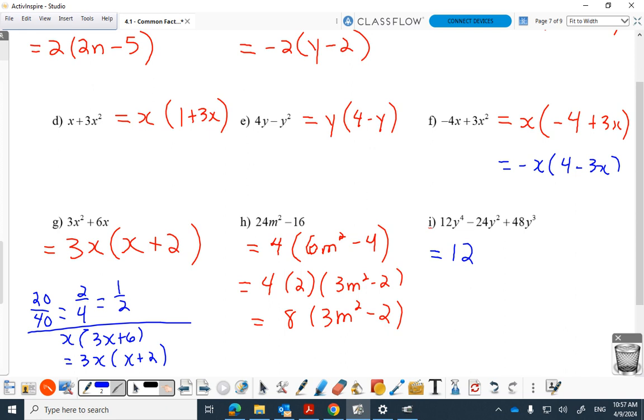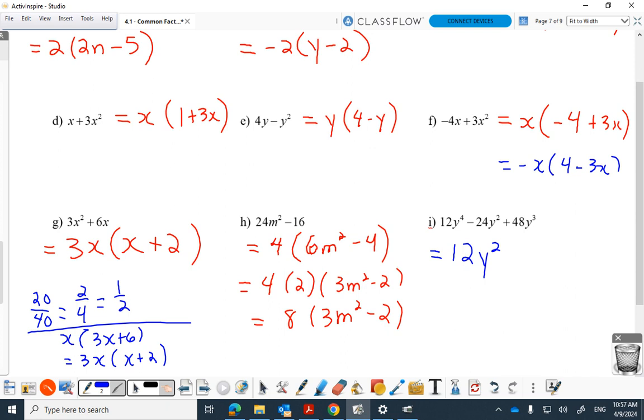How about the y's? What's the biggest exponent of y I can pull out? And I've changed the phrasing there a little bit to try to help you. The biggest exponent of y is? y squared. I see the biggest exponent is 4, but the most that's common to all is 2.